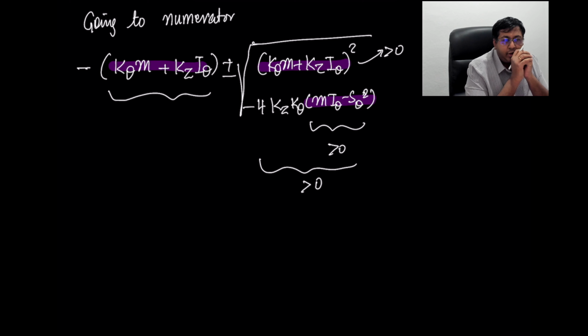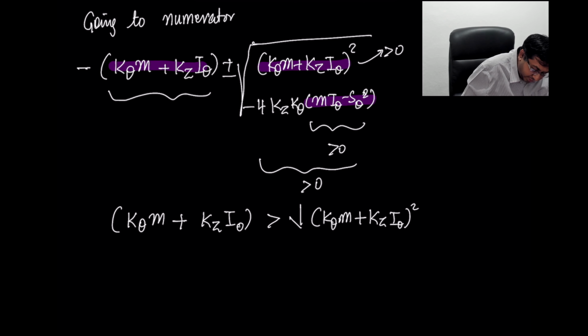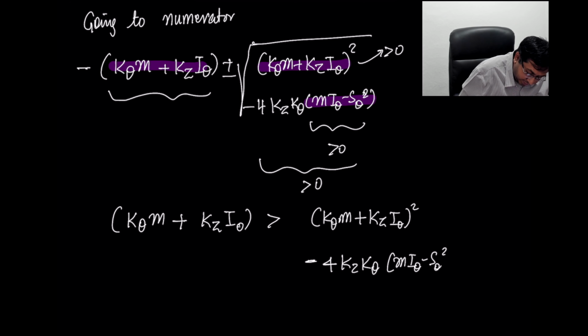If you think about it, we are saying k theta into m plus kz into I theta is always greater than the square root of k theta into m plus kz into I theta whole square, minus 4 kz k theta into m I theta minus S theta square.